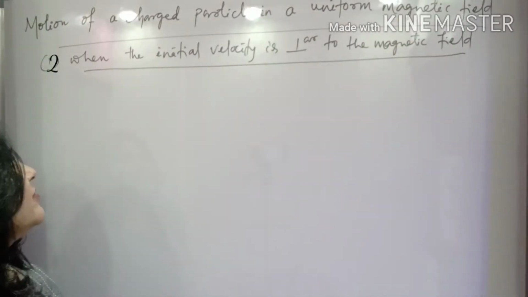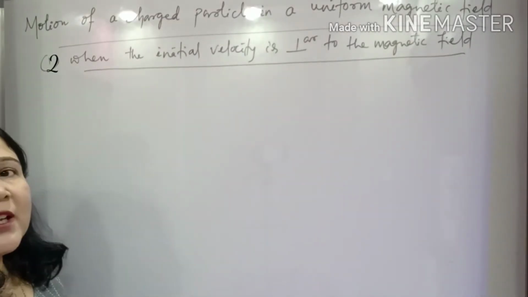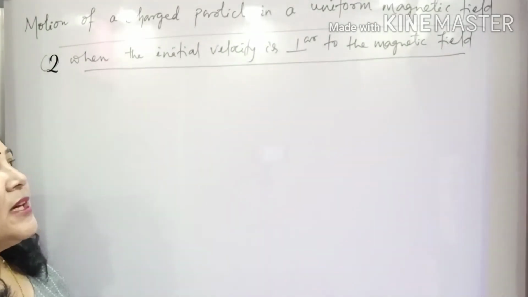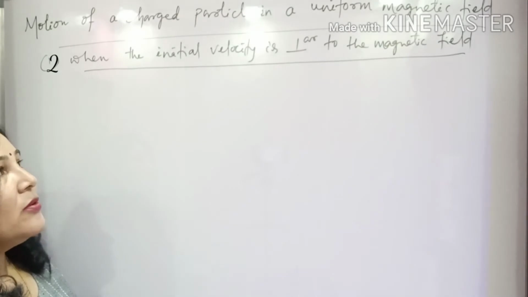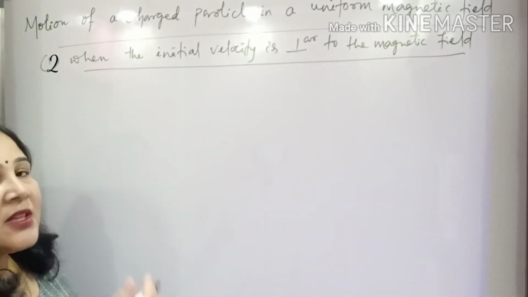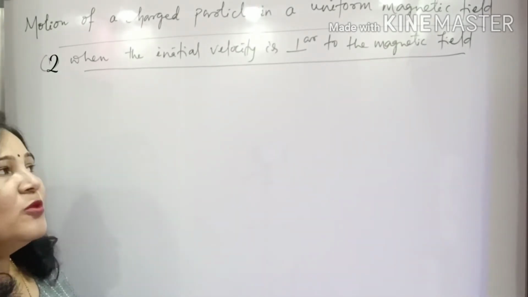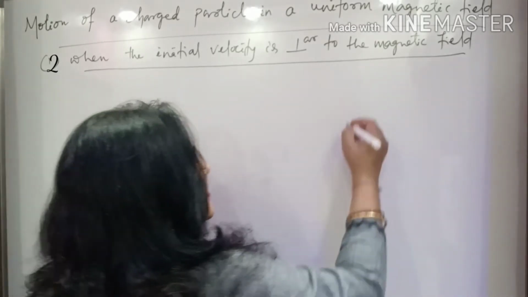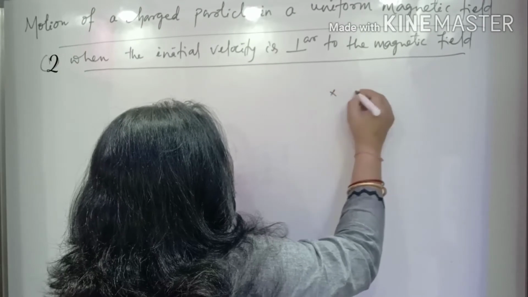Under this case we'll discuss when the particle is moving with an initial velocity perpendicular to the magnetic field, what will be the shape of the path, or how the particle will move. For that, let's consider a uniform magnetic field in the plane of paper.